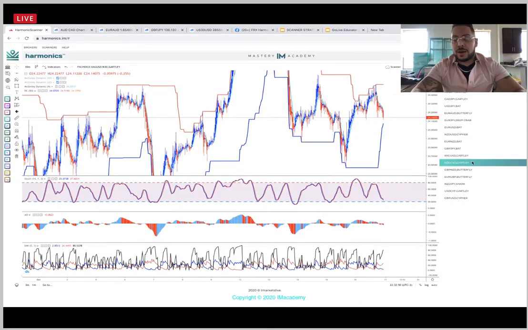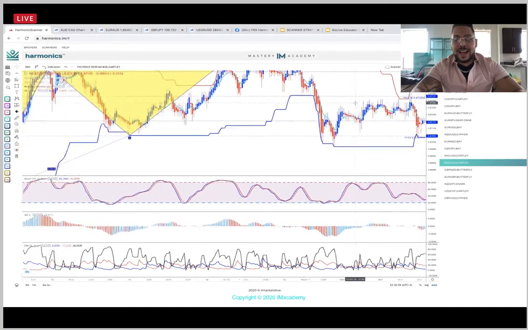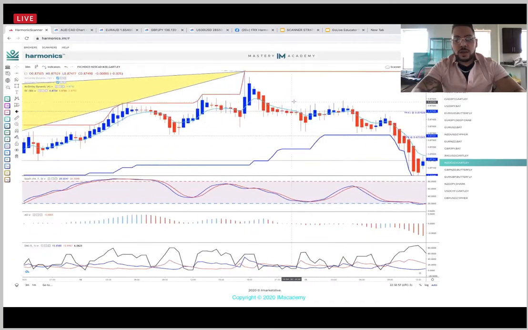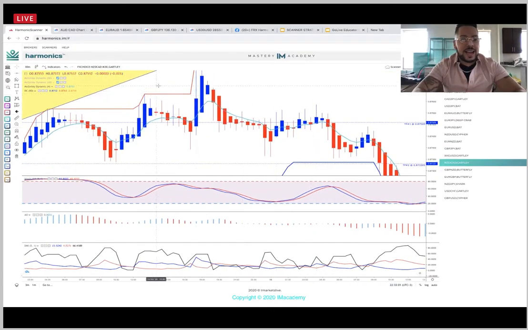So let me show you on the harmonic scanner. Let's take a look at NZD CAD. So let's say we're looking at NZD CAD. You ready? So we're looking for the confirmation candle. This is the 30-minute on NZD CAD. We see the confirmation candles over here.